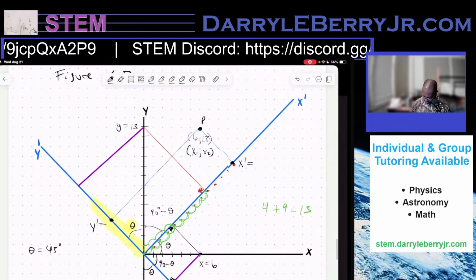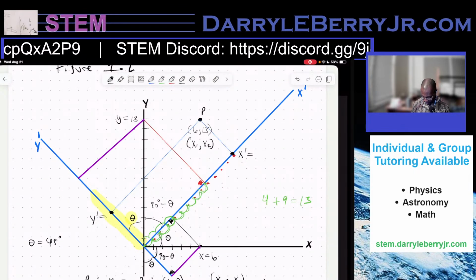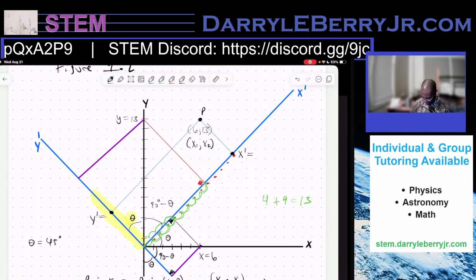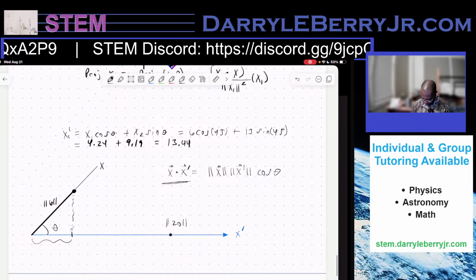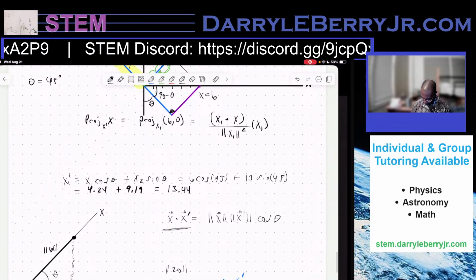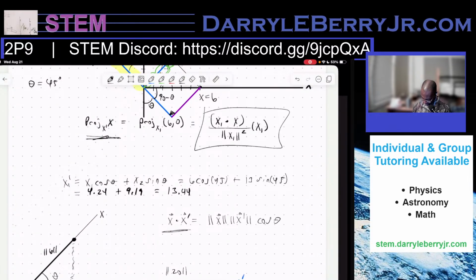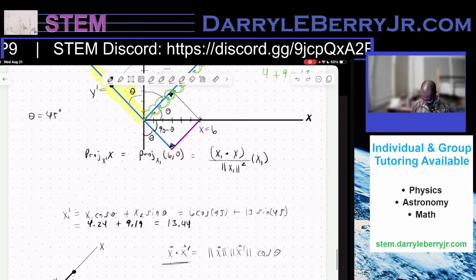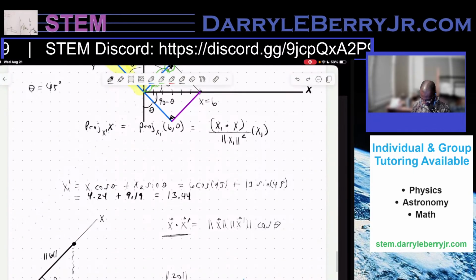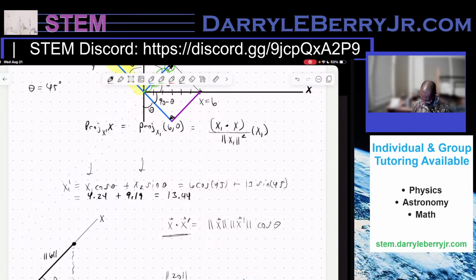If you take the projection of x onto x prime, which is this, and I got this from my linear algebra class, the x prime will end up being basically those two things added together.